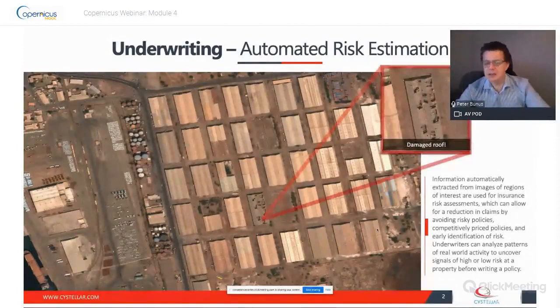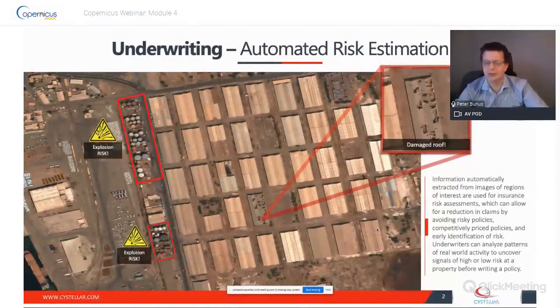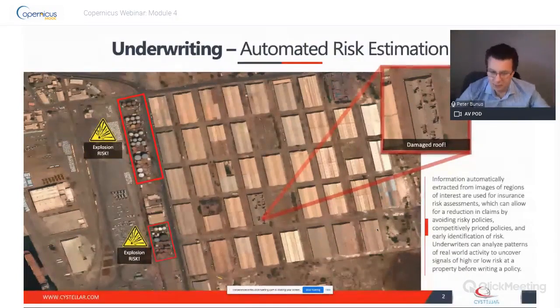Just by looking at this satellite imagery, we can very quickly see that that particular building has a damaged roof. And the industrial compound that I'm trying to underwrite or risk assess is dangerously close to some explosion risk areas. Do you see those containers over there? Those containers might explode and might put in danger the asset that I'm trying to insure.